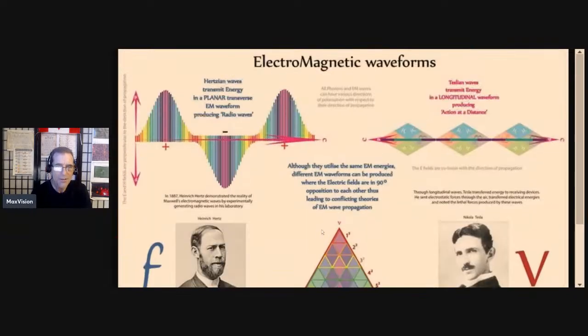Let's just read this again. This is interesting. So Hertzian waves transmitted energy in a planar transverse EM waveform, producing radio waves. Tesla waves transmitted energy in a longitudinal waveform, producing action at a distance.